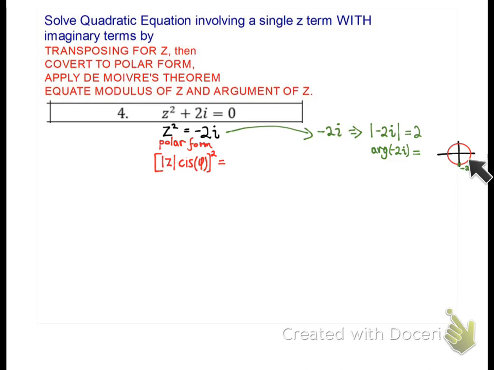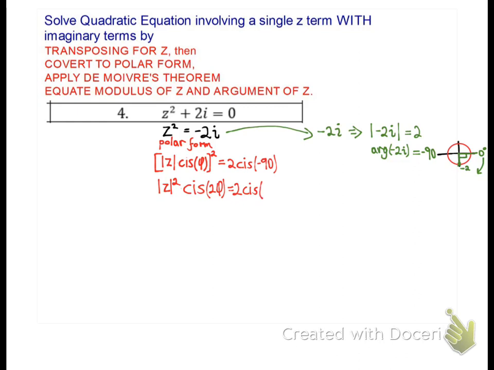And if we measure the angle from the positive real axis down to that number, we can see that's 90 degrees in this clockwise direction, and that's a negative 90 degrees angle for the argument. So put that together, there's our polar form, 2 cis of negative 90 degrees.